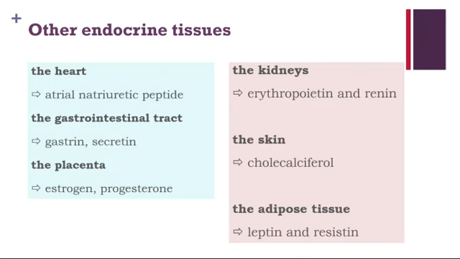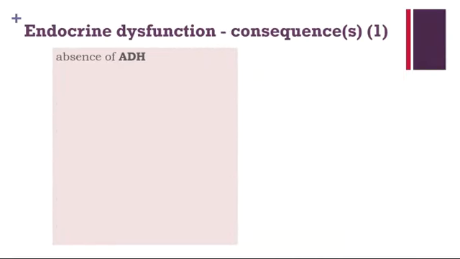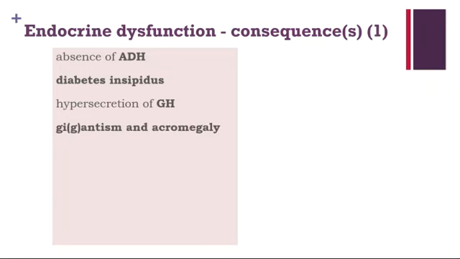Now we're going to talk about endocrine symptoms and diseases. An absence of ADH would result in diabetes insipidus. A hypersecretion of GH before and after puberty leads to gigantism and acromegaly.